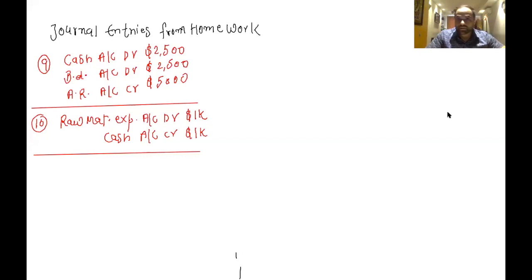Sorry, but then why did you say raw material purchase for the first one? Yes, raw material purchase. Purchase means expense. I didn't say raw material unsold. Raw material purchase account or raw material expense account, it's the same thing. If I said raw material purchase last time, you can fix it to raw material expense.